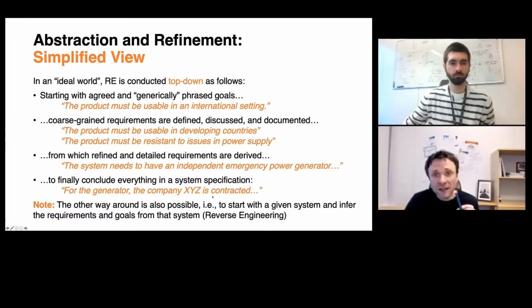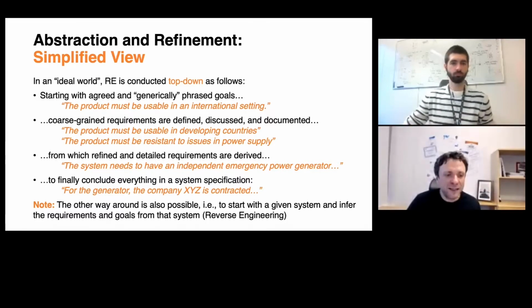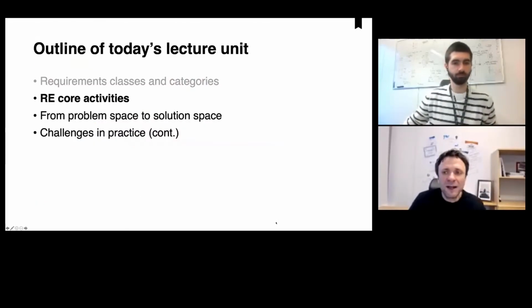Now, before continuing to talk about the different levels of abstraction and the notion of requirements refinement, let's talk about the elementary core activities in requirements engineering. In the last lecture, I introduced the very basic tasks in requirements engineering, ranging from elicitation over analysis and specification or documentation up to validation and verification.